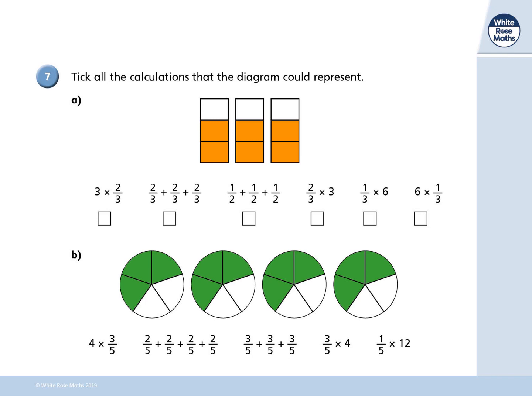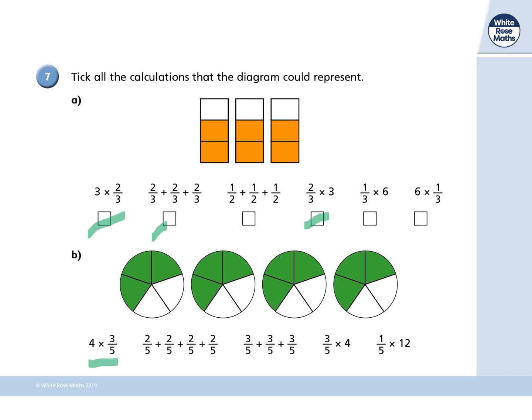Actually, this one, I'm going to put on the green one. This can be correct. 2 over 3 adding together. Yes. 1 over 2, maybe not. 2 over 3 times 3. Yes. It's the same, just switching with the first one. 1 over 3 times 6. Nope. 6 times 1 over 3. Nope.